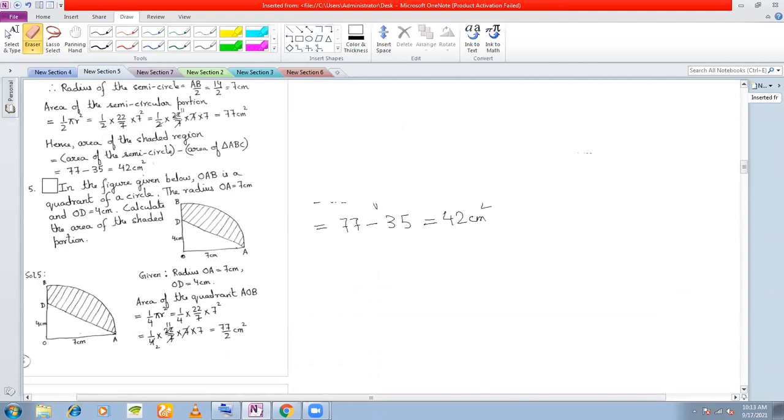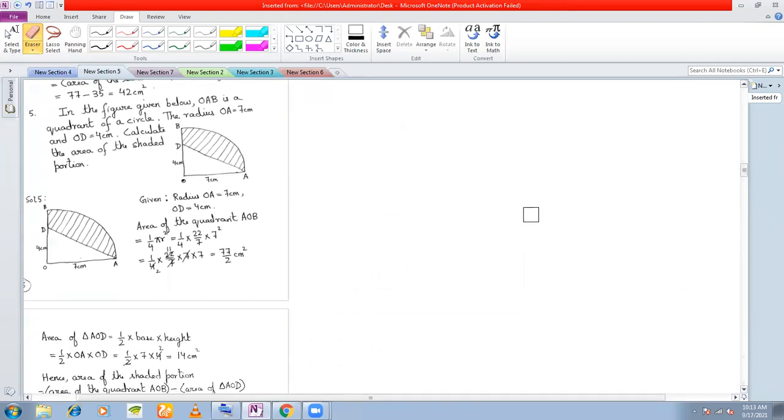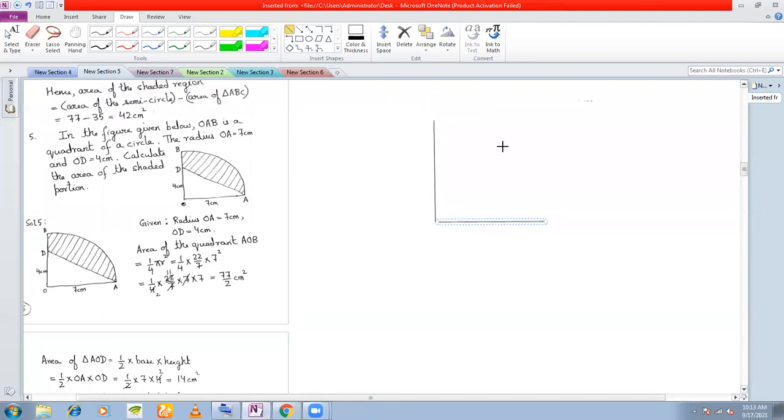The next question is also a very interesting problem. This is the figure that is given to you.